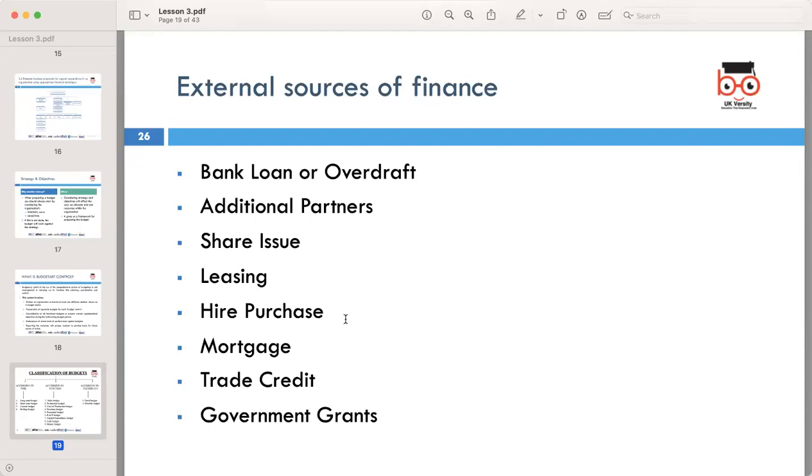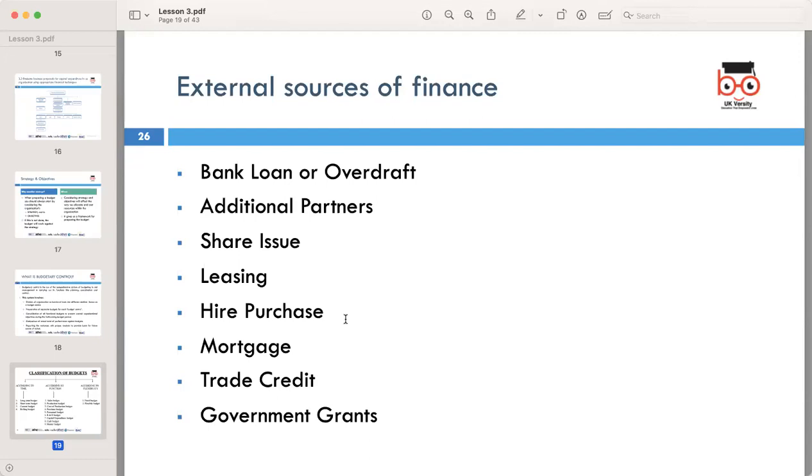Then there is hire purchase. Similar to leasing, hire purchase allows businesses to acquire assets by making regular payments. However, ownership of the asset is transferred to the business at the end of the payment period. Then mortgages: a business can secure a mortgage to finance the purchase of property or real estate. Then trade credit refers to suppliers allowing a business to delay payment for goods or services.